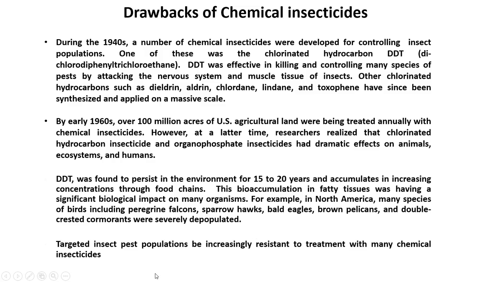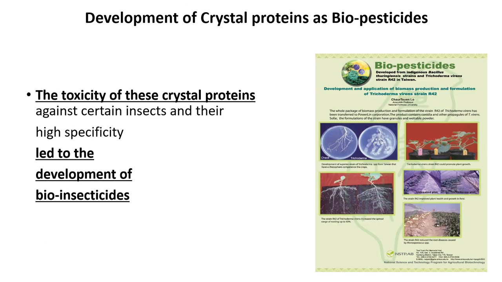Later on it was also found that targeted insect pest populations were becoming increasingly resistant to treatment with many chemical insecticides. So these were the major drawbacks the chemicals have. This necessitated the development of alternatives, and the biopesticide, particularly BT, is a major milestone.